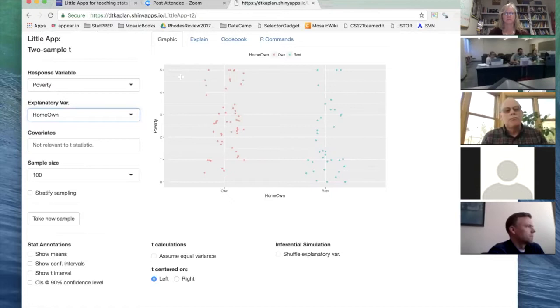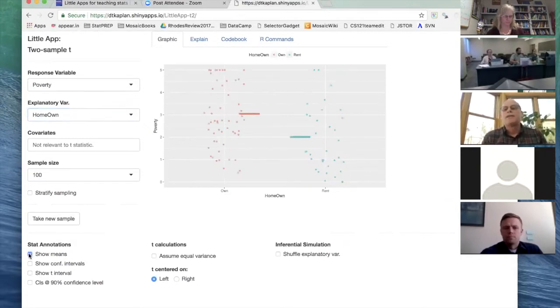Often it's enough just to show a pattern in data. But these apps are meant to make it simple for you not only to talk about data, but to illustrate both simple and more elaborate statistical concepts. For example, I'm going to turn on the group-wise means for the homeowners and the home renters.